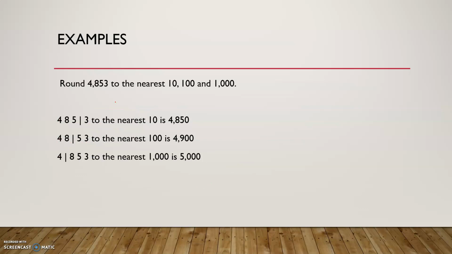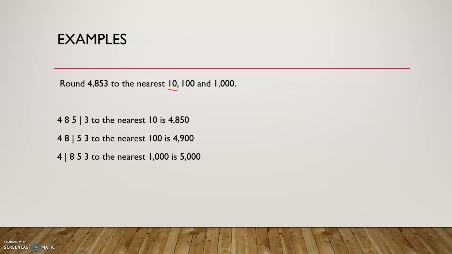Now, if we look at an example, here it says round 4853 to the nearest 10, 100 and 1000. So what we have to do is look at the tens value.